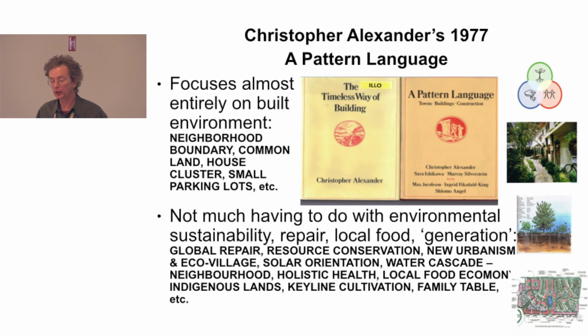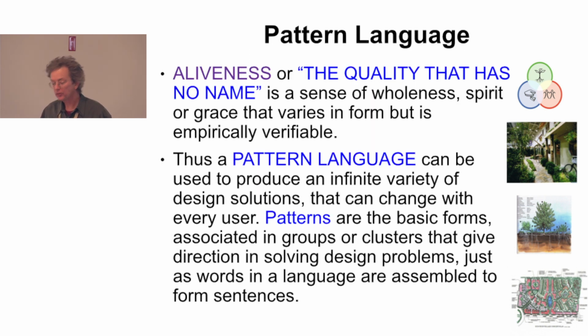Essentially what a pattern language helps us do is express the innate aliveness and potential of a project. And what is this aliveness? What are we aiming for in all of this work? He also calls it the quality that has no name, sort of like the core essence of something that's alive.